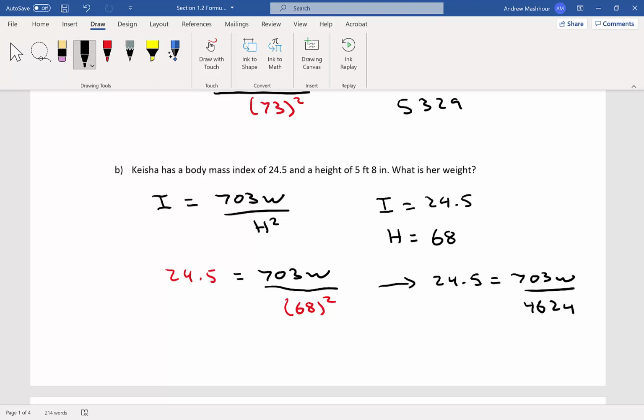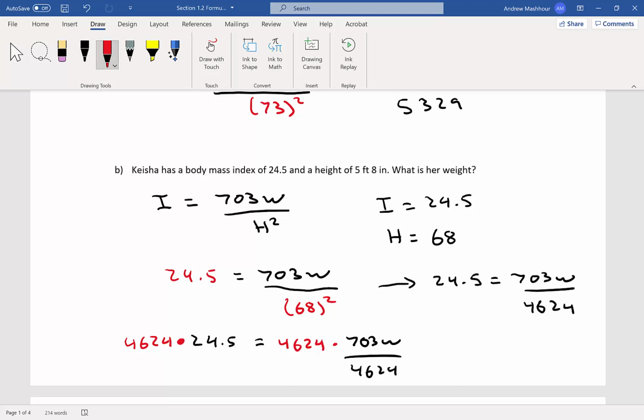Okay, now remember, keep in mind I'm trying to solve for W here. So if I wanted to solve for W, first thing I could do is get rid of the fraction. So I can multiply by the denominator. So I have 4624 times 24.5 is equal to 4624 times 703W over 4624.